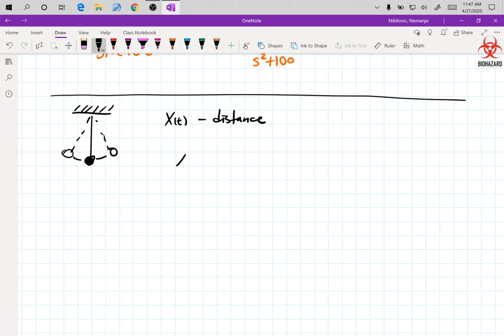Your position x of t will be given with some form of negative a t, and then depending on where you started, you will have this form.